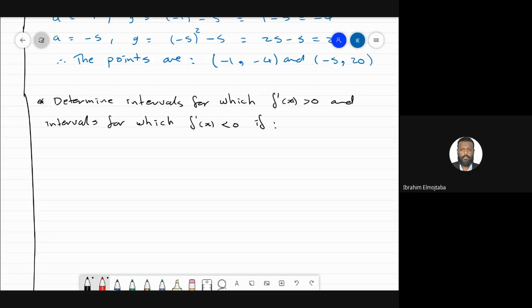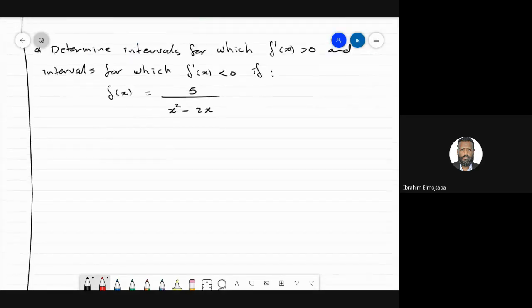If 45 يعني تقول إنه f of x هي عبارة عن 5 over x square minus 2x، right.